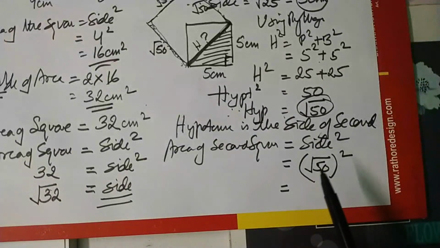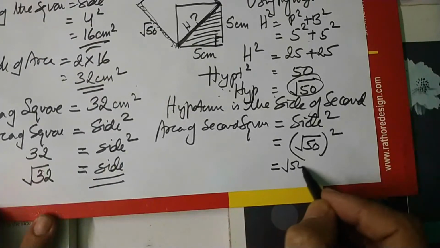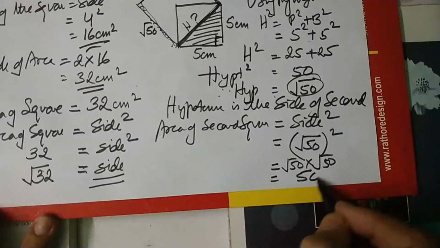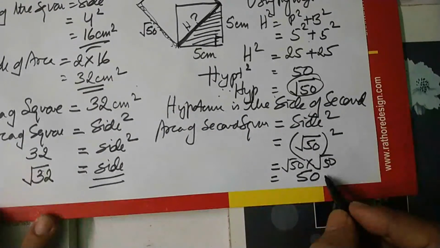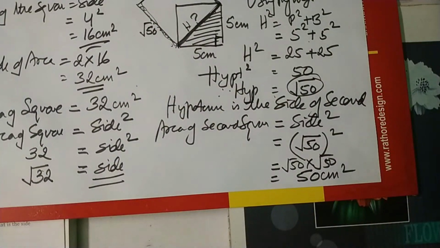So under root 50 into under root 50 is 50. Yes, 50 centimeter square. Got it? So now you have understood questions 1 to 4.